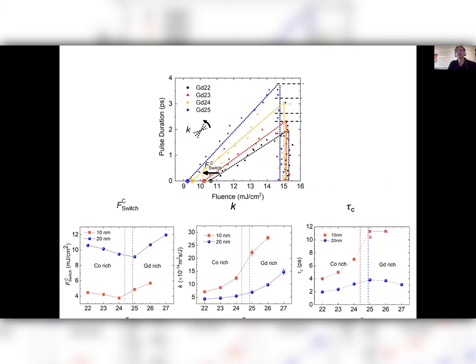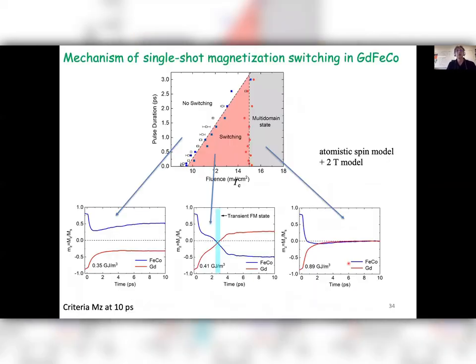And again, if you want to have a long pulse duration, critical pulse duration, then you also need to be close to the compensation. And this is more or less in accord with a 2-temperature or 3-temperature model.